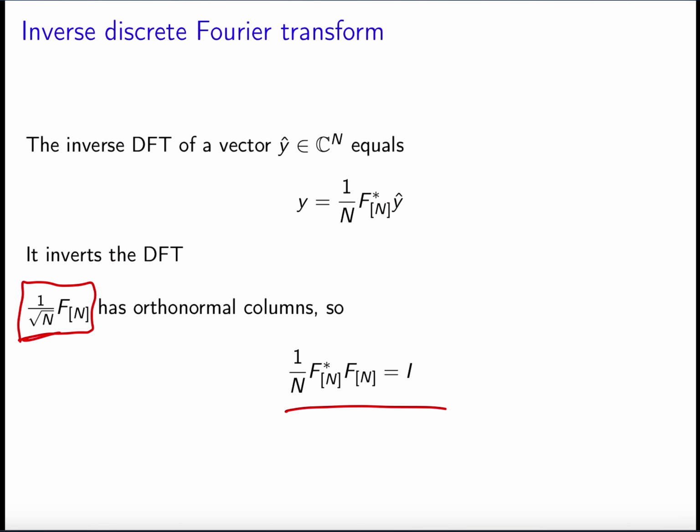So now, if I have a vector x and I compute its DFT, and I apply the inverse DFT to x hat, again it's just the adjoint, which is the transpose and taking the complex conjugate, if you remember your linear algebra.